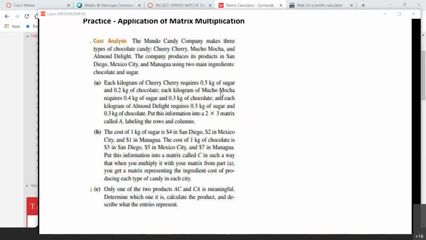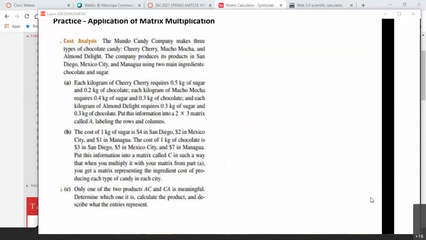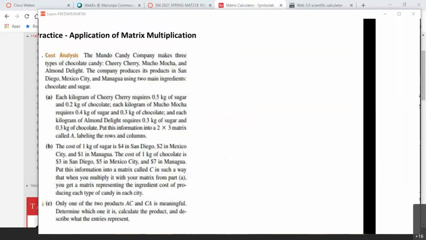Each kilogram of the mocha requires 0.4 kilograms of sugar and 0.3 kilograms of chocolate. And each kilogram of almond requires 0.3 kilograms of sugar and 0.3 kilograms of chocolate. Put this information into a 2x3 matrix, labeling the rows and columns. Okay, let's do that. And they want to call that matrix A.